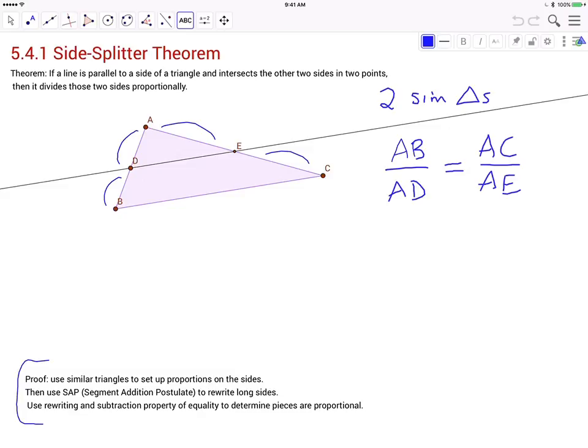Now, what's interesting is that AB can be rewritten. Does anyone remember what the segment addition postulate said? Well, that said that AB is made up of DB plus AD.